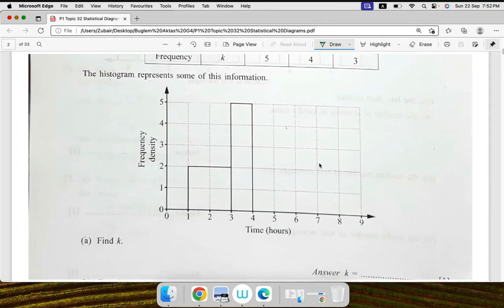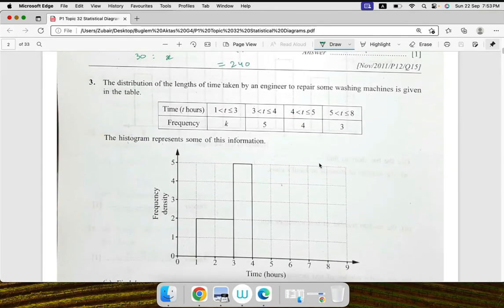Frequency density. The distribution of length of time taken by an engineer to repair some washing machine is given in the table. The histogram represents some of this information.